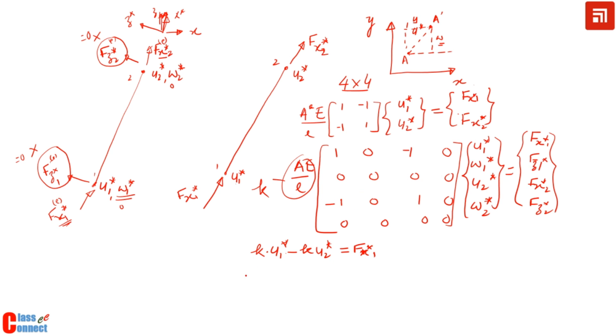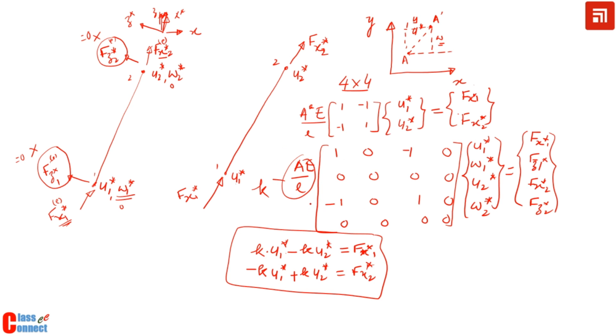Then the next equation is minus k times u1 star, then 0, then plus k times u2 star, and this is equal to fx2 star, and the last term is also 0. Ultimately we are having these two equations. We have represented this into a 4 into 4 matrix.